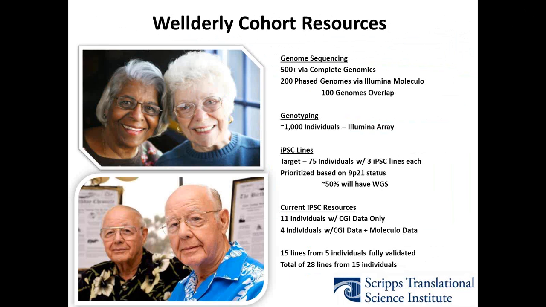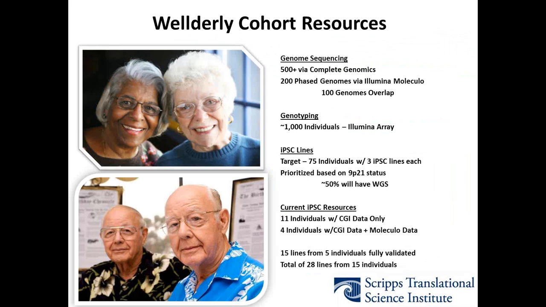So 100 have both Complete Genomics and Illumina data, 100 have just Illumina data on their own, and approximately 400 have only Complete Genomics whole genome sequencing data. We also have genotyping data on about 1,000 individuals done on an Illumina array, and we're in the process of generating iPSC lines for this cohort.